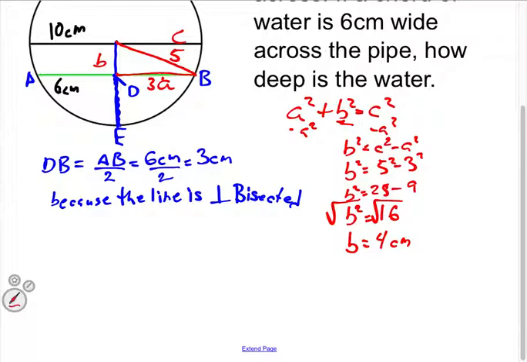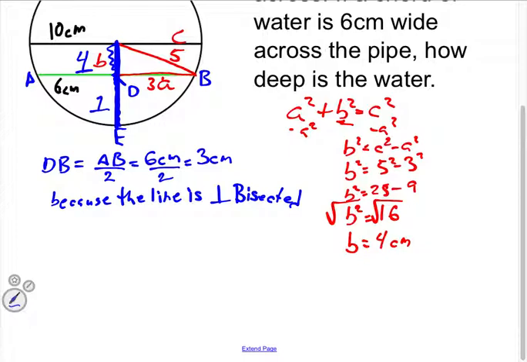So sadly my drawing isn't very well to scale, but eventually what we found out here was that this side here is 4 centimeters. Keeping in mind this was the radius, so the full length down to here was 5. If this chunk here was 4, this length must be 1.